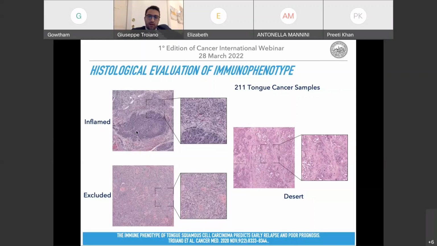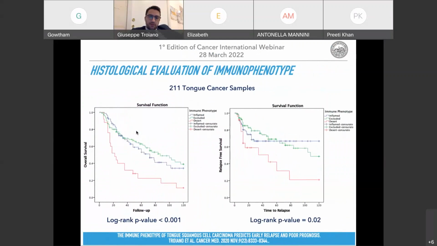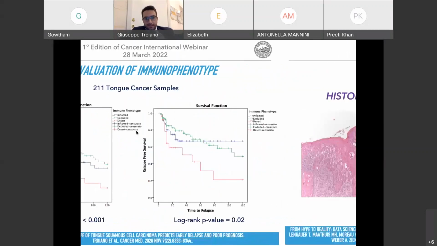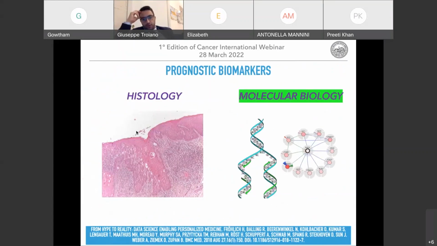In particular, we found that this last group of tumors, the immune desert, is characterized by a worse survival rate, both for time to relapse and time to death, so overall survival and disease-free survival. And we hope this will also soon be included in clinical practice, because similar results have been obtained by other research groups worldwide.